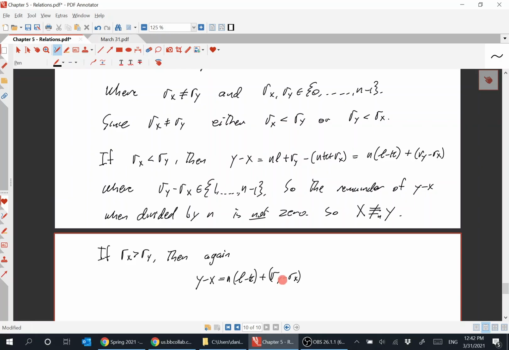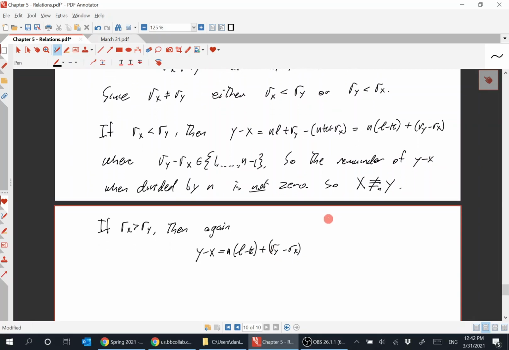So this time, where's ry minus rx? Right, so ry is smaller than rx, but they're unequal, so it's not 0. So this time the difference isn't positive, it's negative.